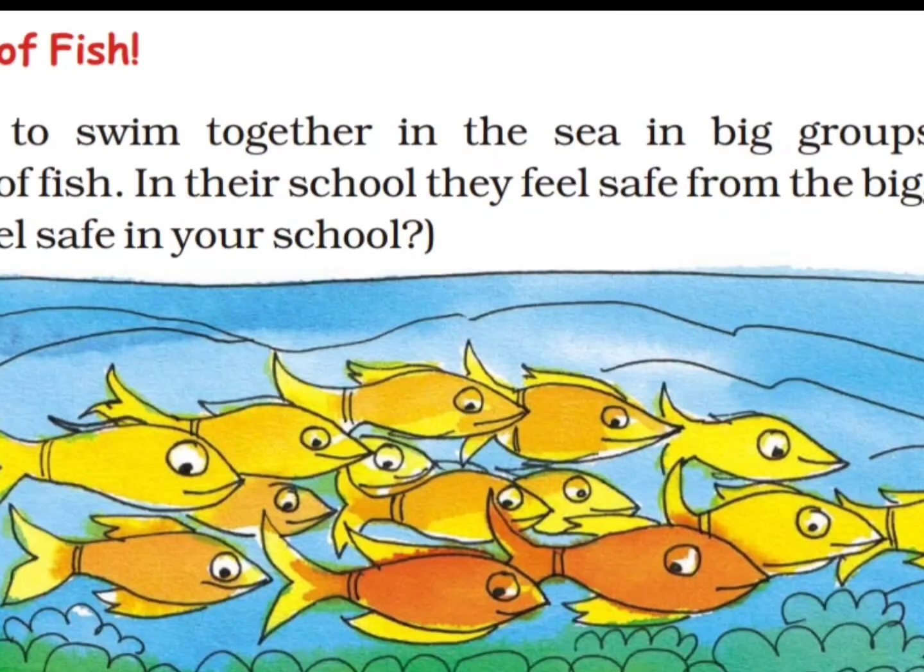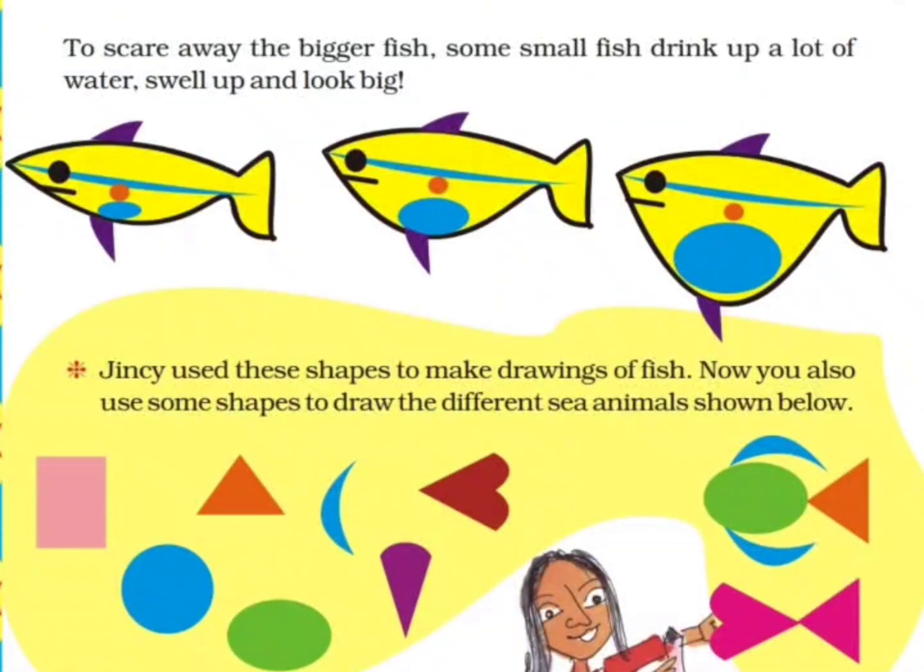In their school, they feel safe from the bigger fish. Children, do you feel safe in your school? Yes, everyone feels safe in their school. Next, to scare away the bigger fish, some small fish drink up a lot of water, swell up and look big.